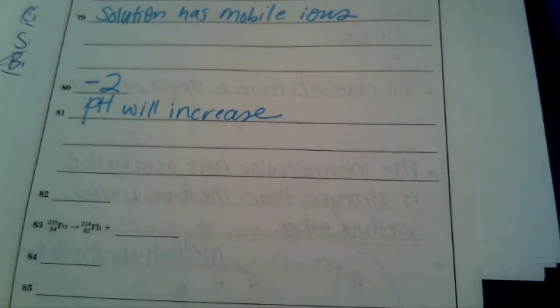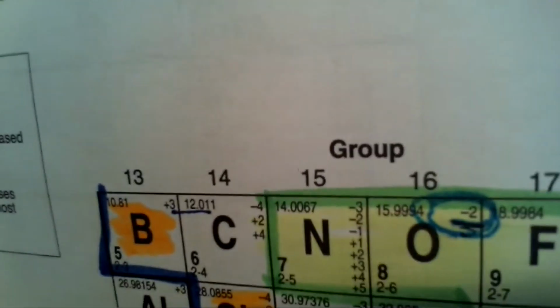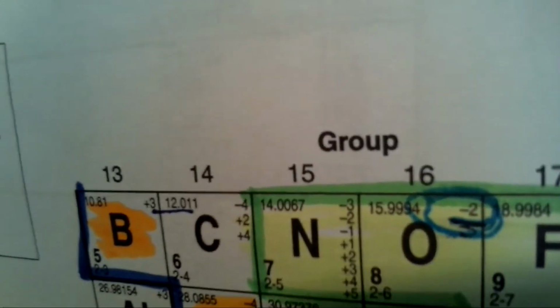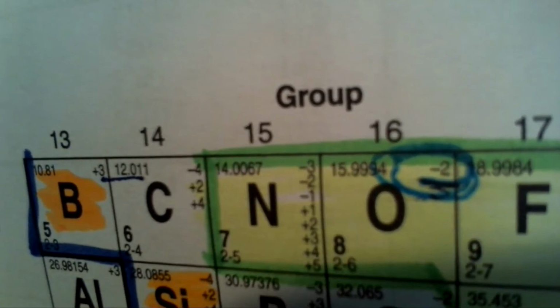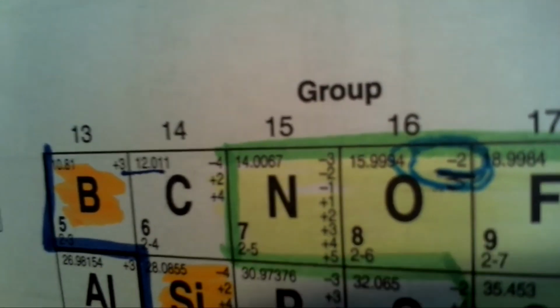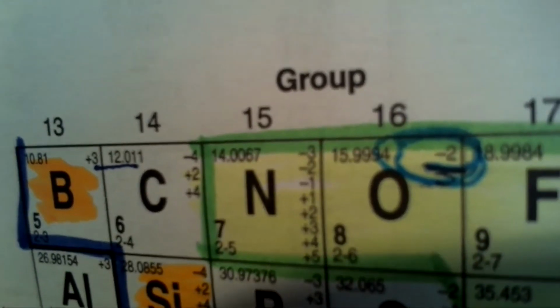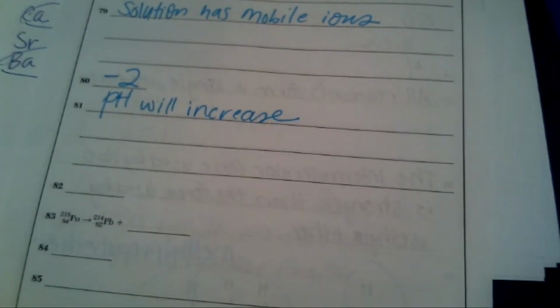Go over question 80 again. If you look on the periodic table, it's asking for the oxidation state of oxygen. I've kind of circled it, so it's a little muddy here. But oxygen will only ever take a charge of -2. That's what that blue circle is. So that's it. Like nitrogen next to it has 1,000,000 oxidation states, which I kind of went over with this sodium hydroxide example.